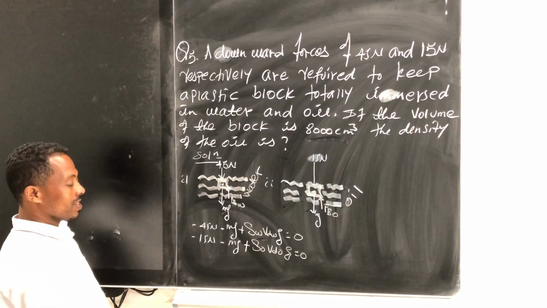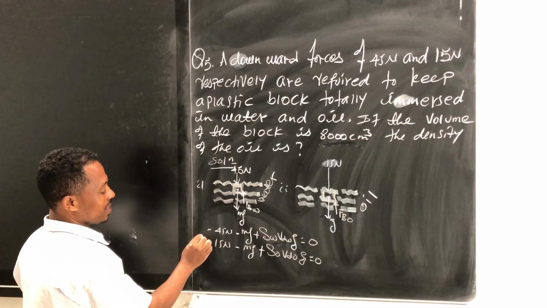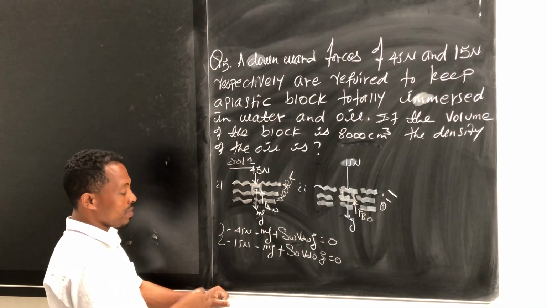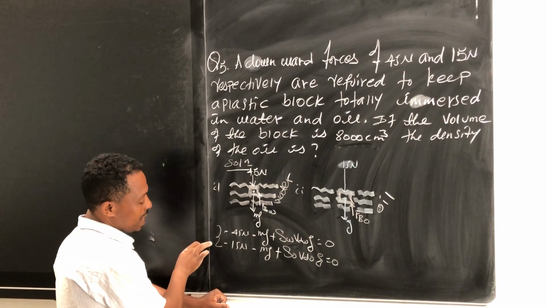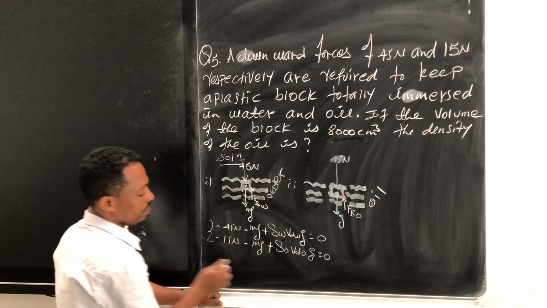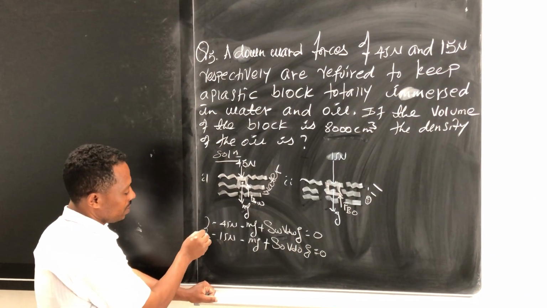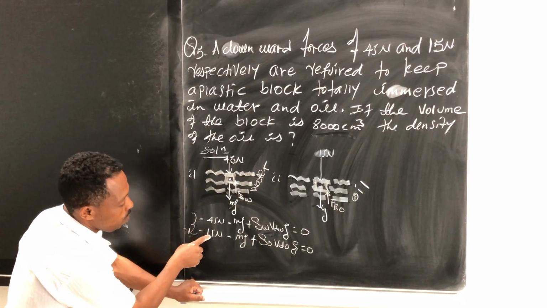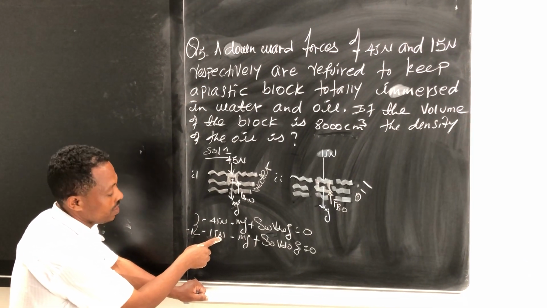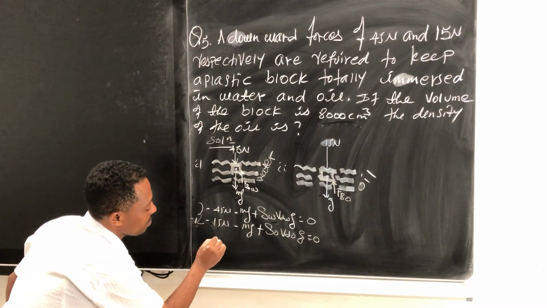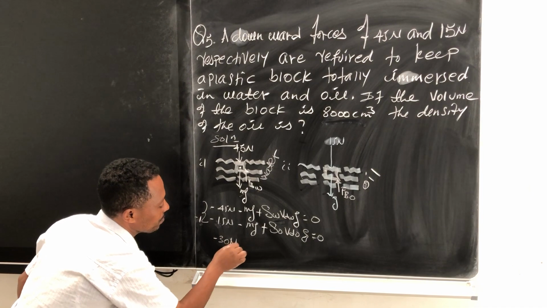Now, my dears, you have to take this technique. Just multiply this equation by negative 1, and then sum up. Negative 1 times negative 15 becomes positive 15, negative 45 Newton plus positive 15 becomes negative 30 Newton.